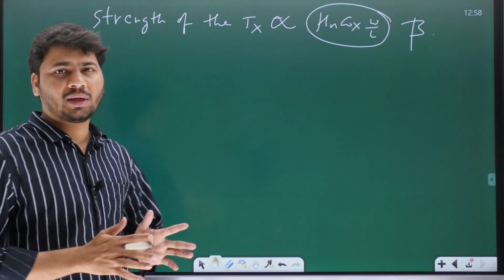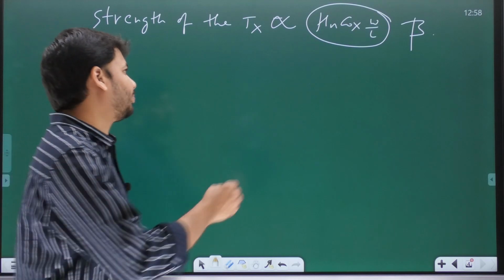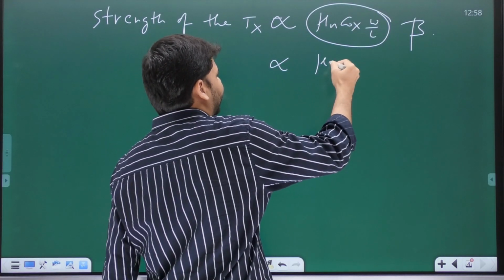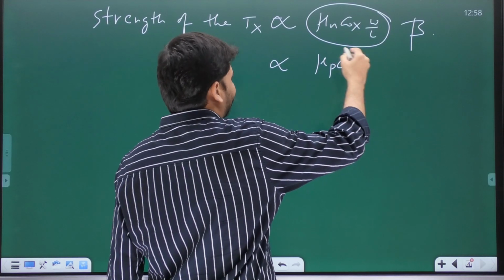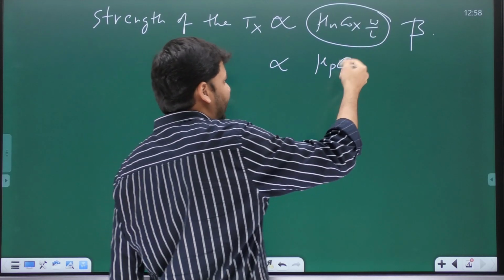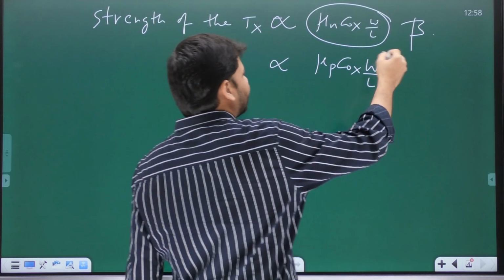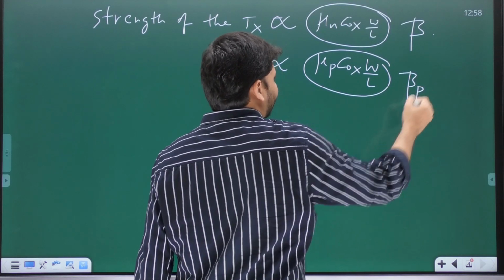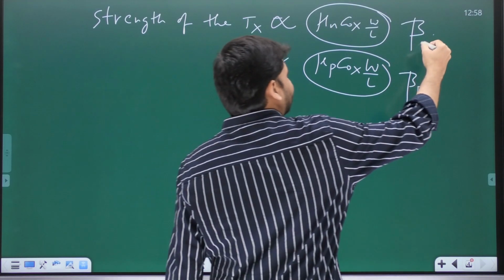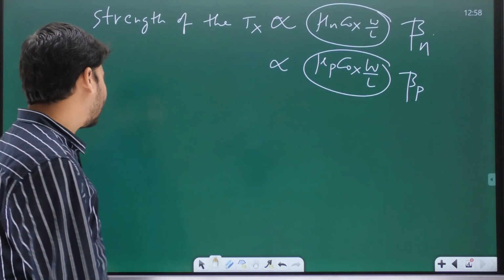And if it is PMOS, then it will be directly proportional to mu p Cox W by L. So depending on whether it is NMOS or PMOS, it can be proportional to either mu n Cox W by L or mu p Cox W by L. And this mu p Cox W by L will be referred to as Beta P, whereas this one will be referred to as Beta N. You understood? Yes.